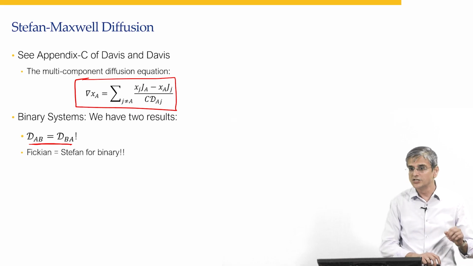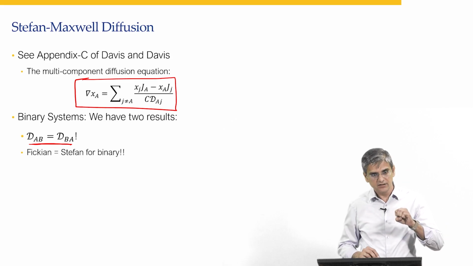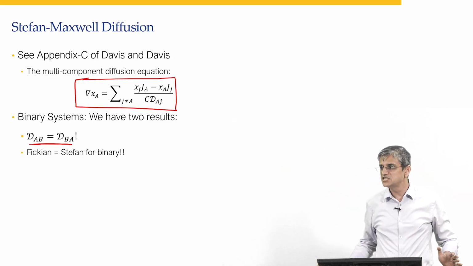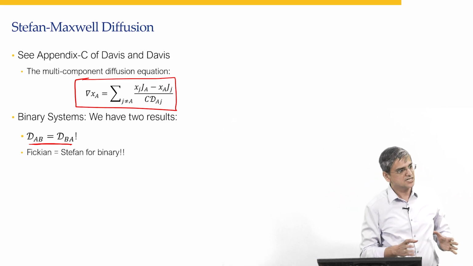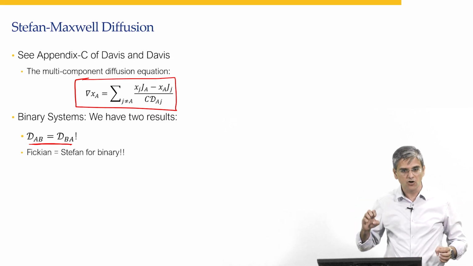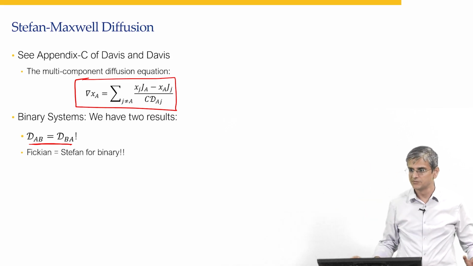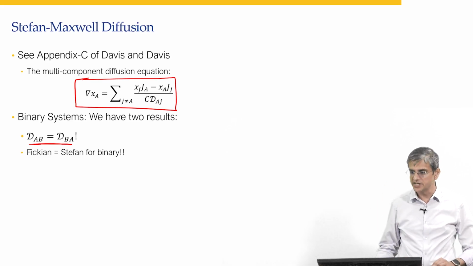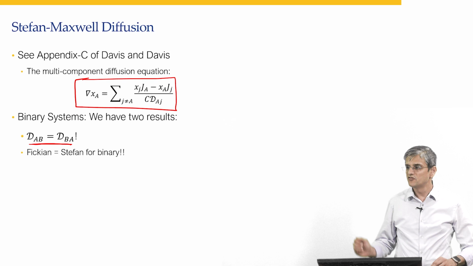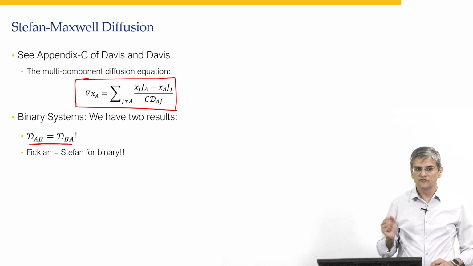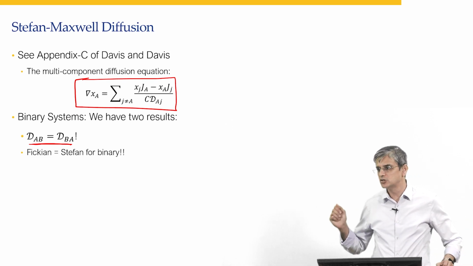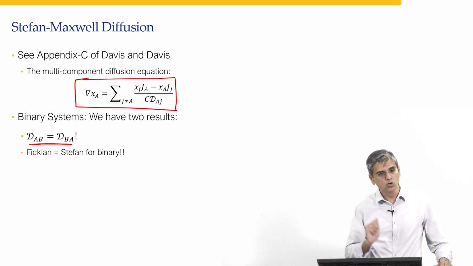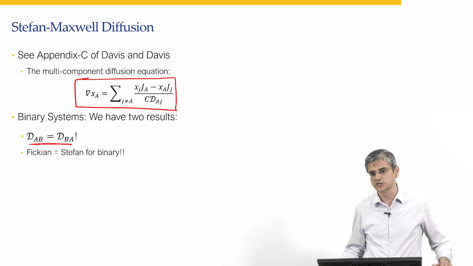So the diffusivity of A in a sea of B is exactly equal to the diffusivity of a B molecule in a sea of A. So molecular diffusivity DAB equal to DBA. For binary mixtures, Fickian is exactly equal to Stefan-Maxwell. There is no approximation in Fickian when it comes to binary mixtures.